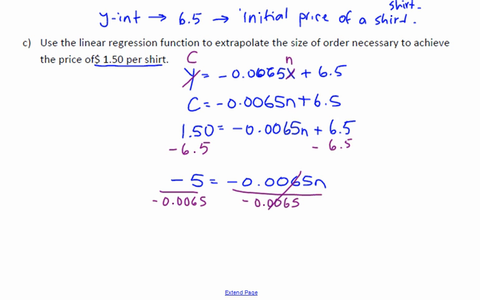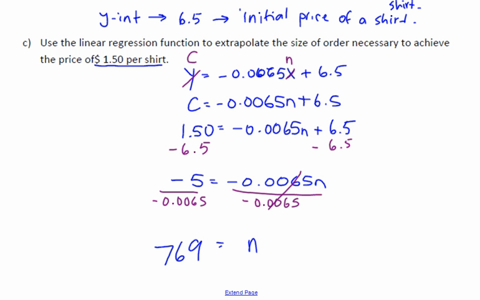You calculate that? Tell me, to the nearest whole number, the number of shirts. What does it give you for a decimal? 768 point. Okay, so 769 shirts. It's a lot of shirts, so you better be selling them, hey?